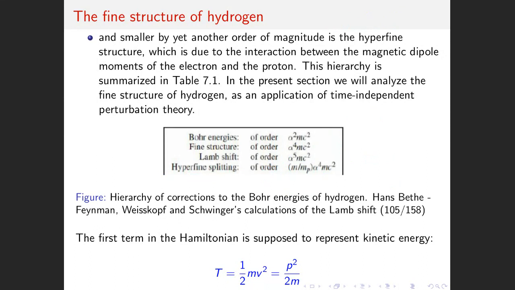I think the Lamb shift is one of the most important experiments of the last century. What happened was that Dirac came up with this brilliant equation for the electron.